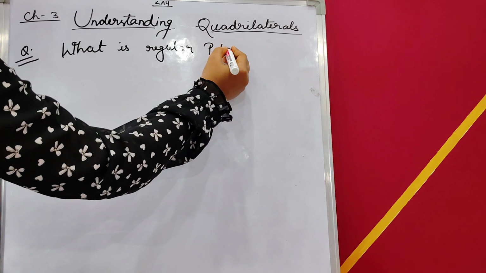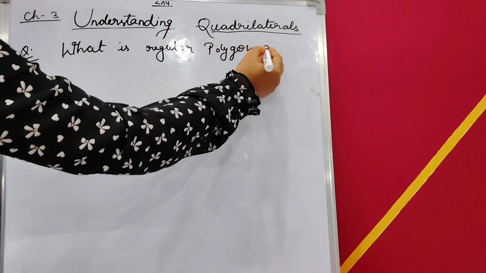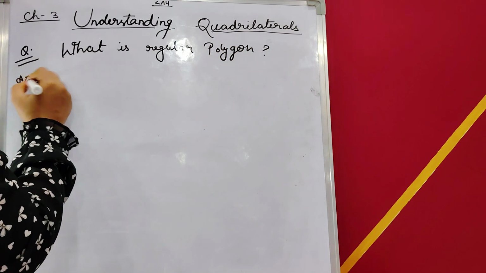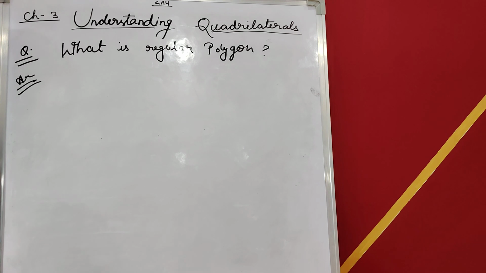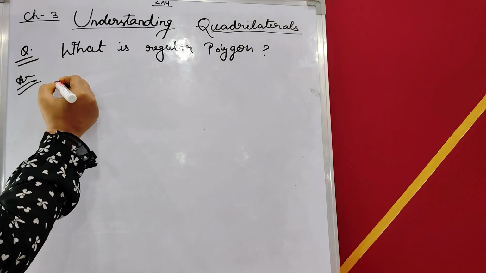So if I write the definition: what is a regular polygon? Answer: you should know the examples. Examples are the square and the equilateral triangle. These are known as regular polygons.